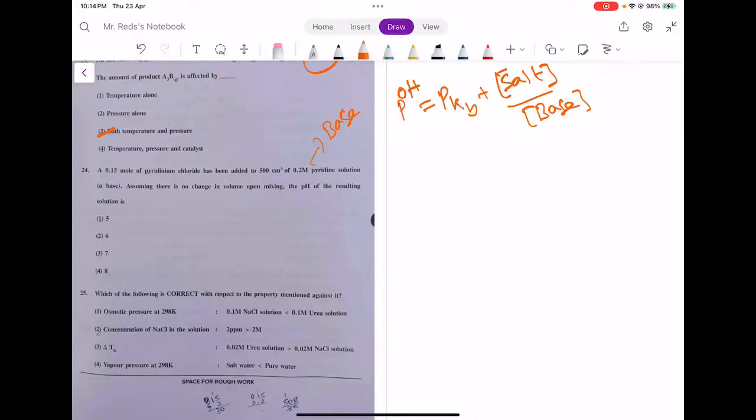The salt concentration is molarity, number of moles by volume.